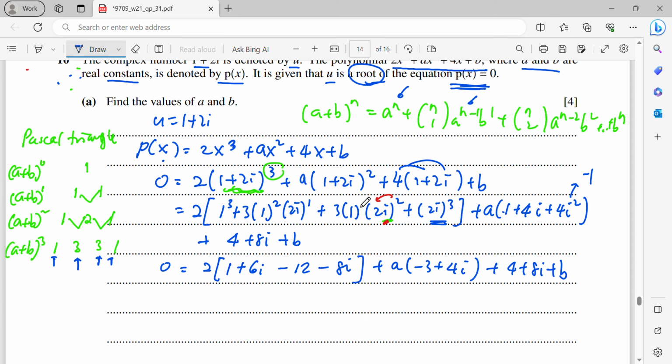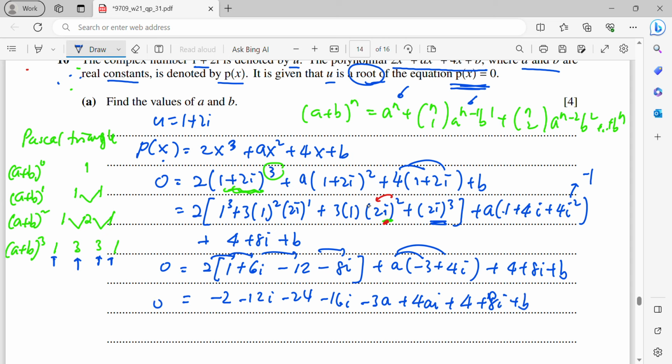Okay, now I will get the real parts and imaginary parts. So this one, again the expansion, it will be negative 2, then this one is going to be negative 12i, then negative 24. Then here multiply, negative 16i. Then do expansion: minus 3a plus 4ai plus 4 plus 8i plus b equals to 0.